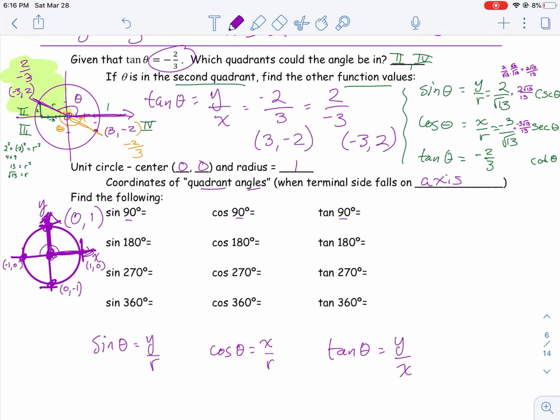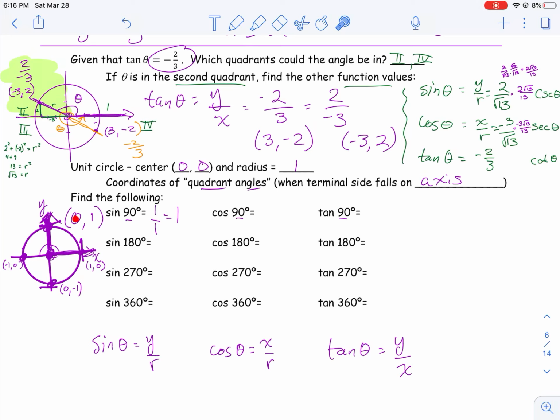So let's take a look at sine of 90. At 90 degrees, we're right here. What is y over r? Hopefully you're thinking your y coordinate is 1, and my radius here is also 1. So sine of 90 is 1 over 1, or just 1.